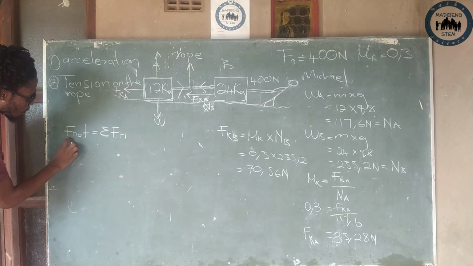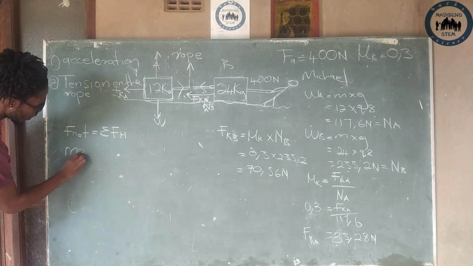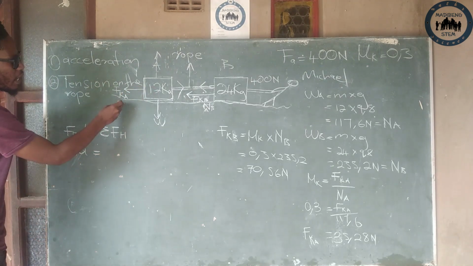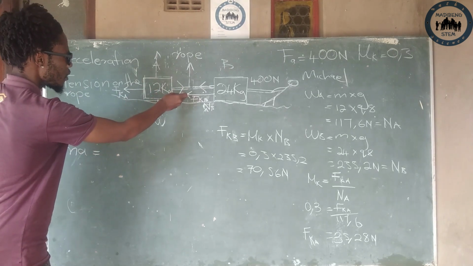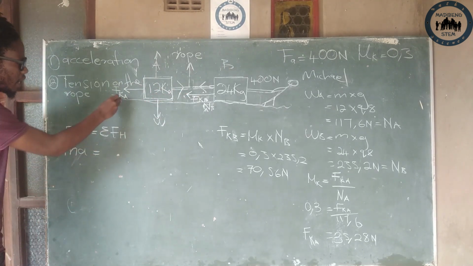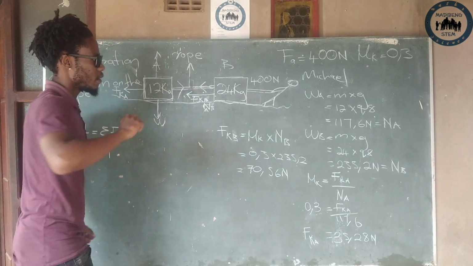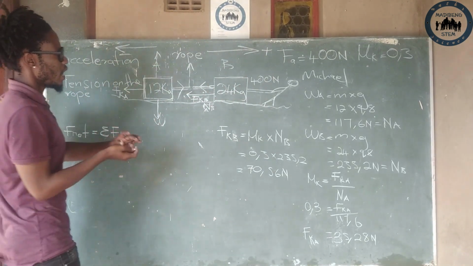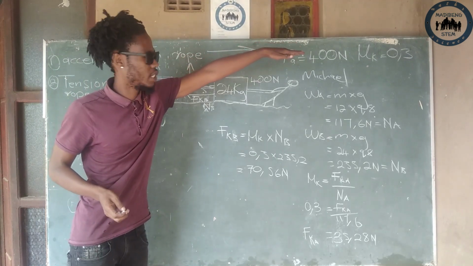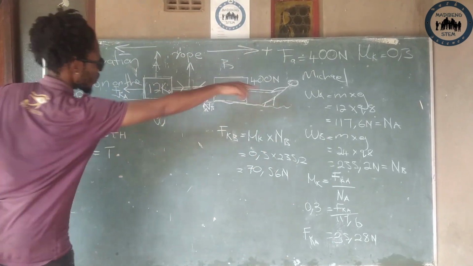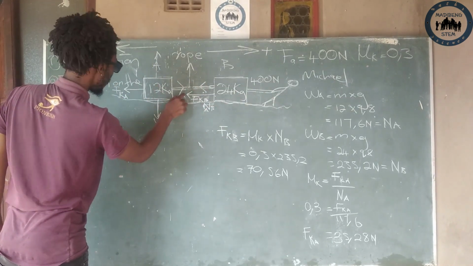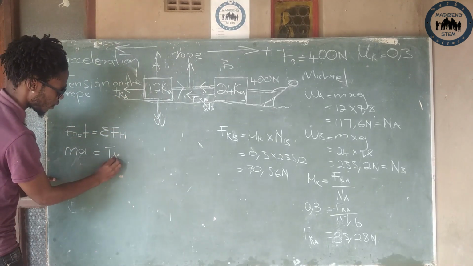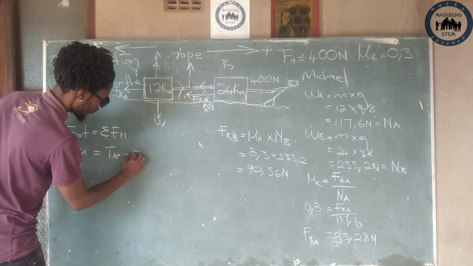F net is mass times acceleration. The total force on this body is TA minus FkA, because I'm taking this direction as positive and the opposite direction as negative. Tension acts in the positive direction, and friction goes in the opposite direction, so I take it as negative. So TA minus FkA.